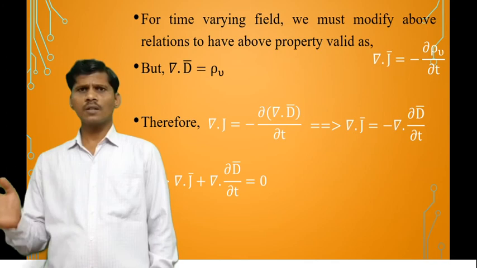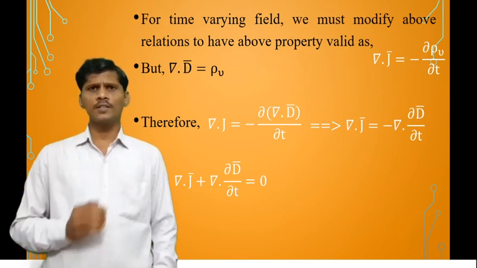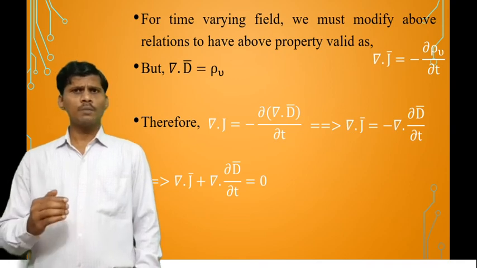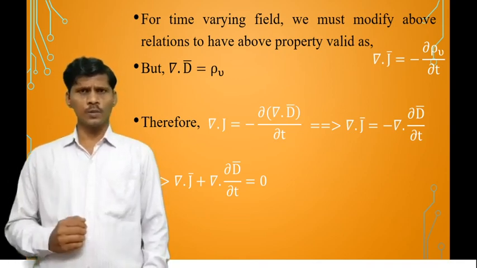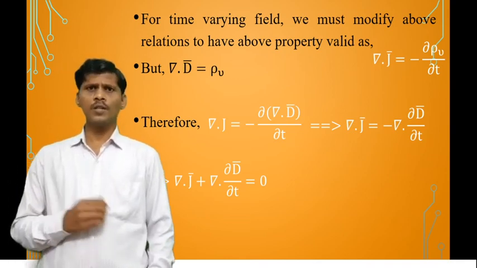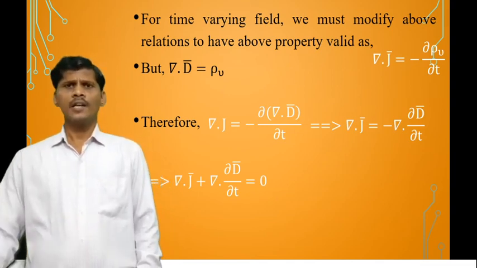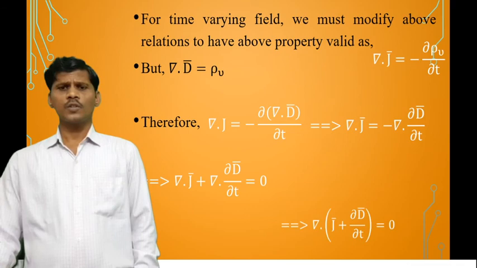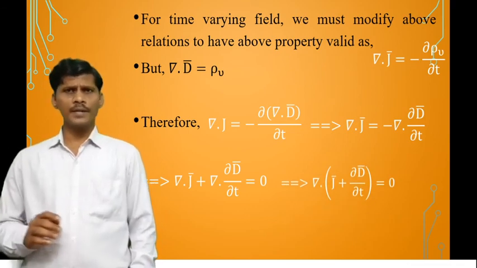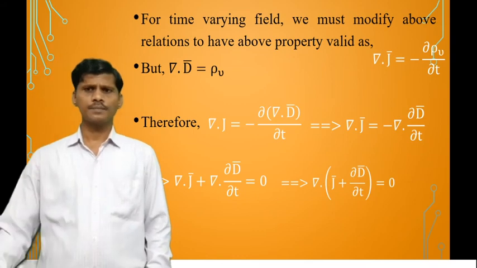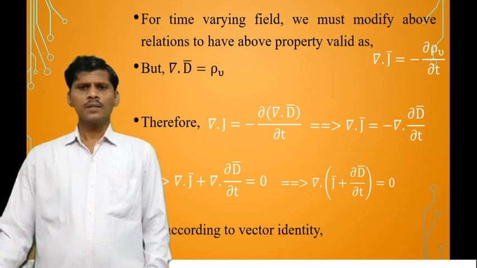That RHS term will come to the LHS. We have del dot j bar plus del dot dou d bar by dou t is equal to 0. On the LHS, taking the common divergence, this can be written as del dot of j bar plus dou d bar by dou t is equal to 0.